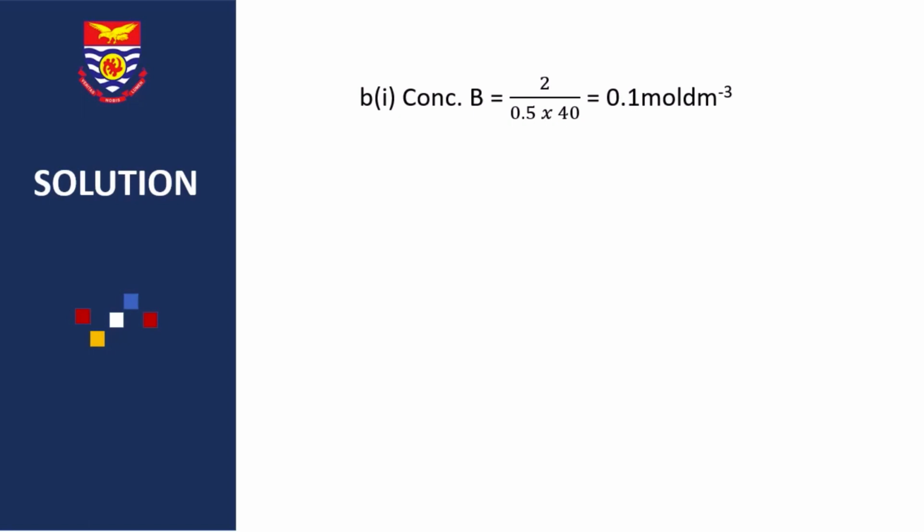So knowing these values, we just substitute into the relation: concentration is equal to mass over molar mass times volume. When we do that, we have the amount concentration to be 0.1 mole per cubic decimeter.